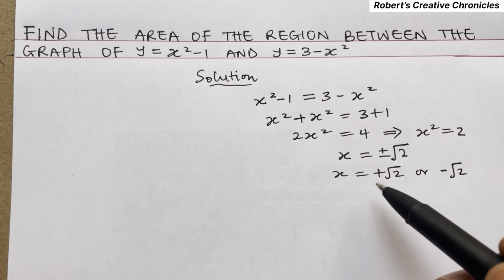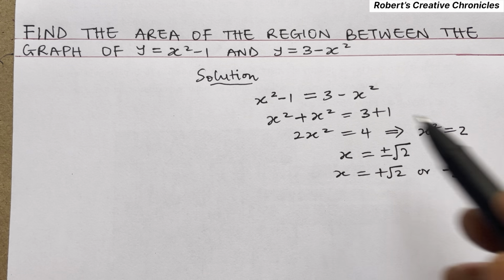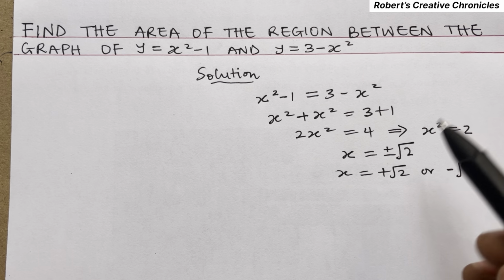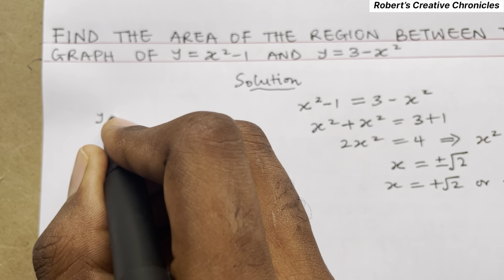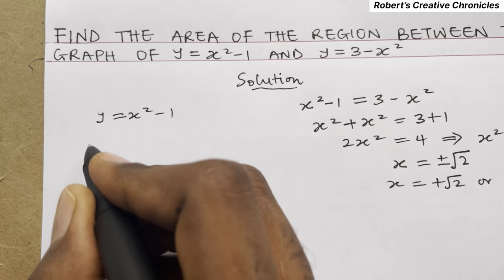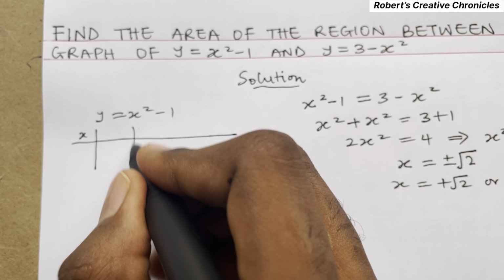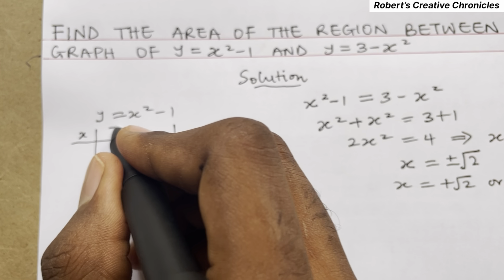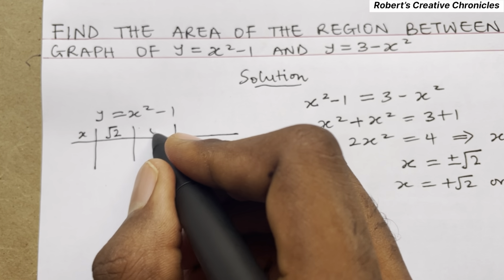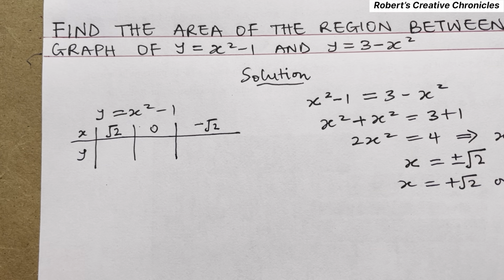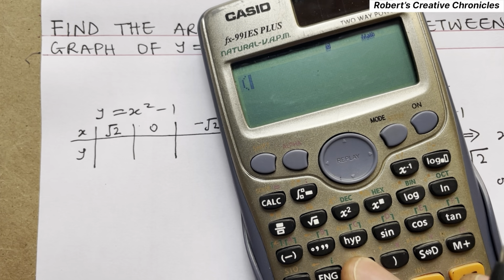Now we have to find the corresponding values of y in which the curves meet. So for y is equal to x squared minus 1, x is root 2, 0, negative root 2. Then the corresponding values of y will be what?